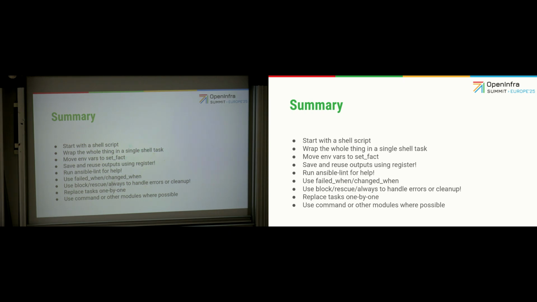Run Ansible lint for help, because it's actually really useful if you're looking at the output in something that will actually parse the markup. You can use failed when and changed when for custom failure and change conditions, so that you actually know if something on your system has been changed, or you can ignore errors selectively.